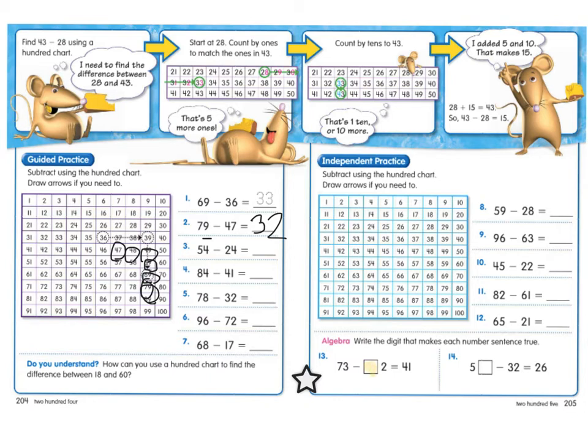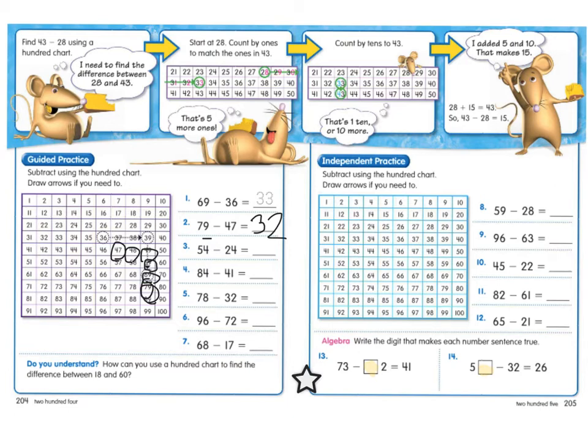So I know it has 2 ones. How many tens will it have? And then for number 14, 50 something minus 32 will equal 26. So again, this number is now in the ones digit. So 50 what minus 32 will equal 26.